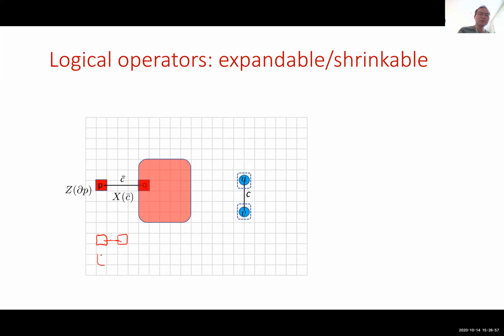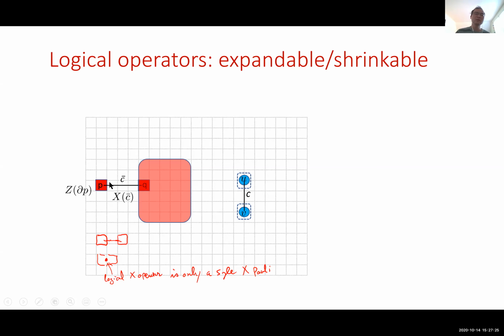But if I move them next to each other, this is my logical X operator. Logical X operator is only a single X Pauli, right? Yes, this is a good question because I'm going to use this later.